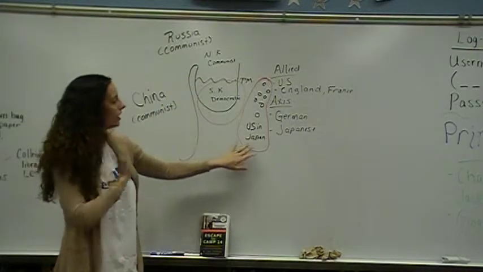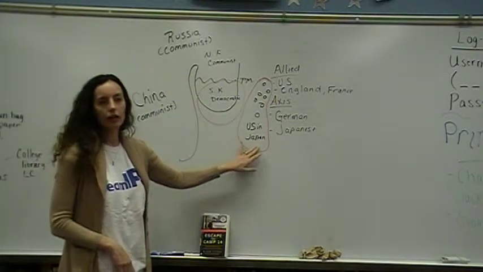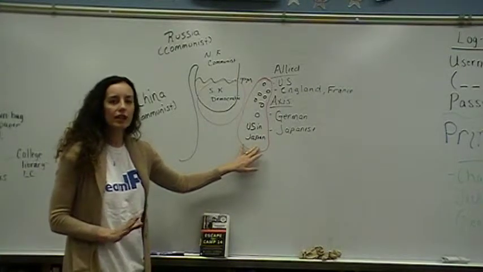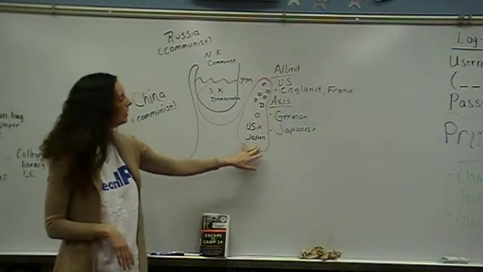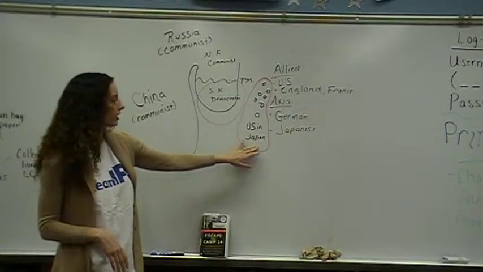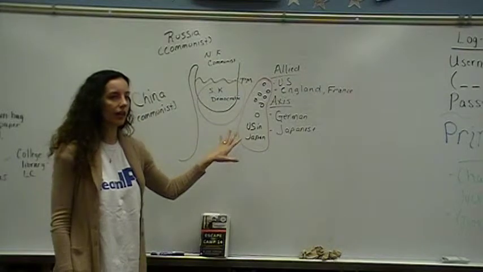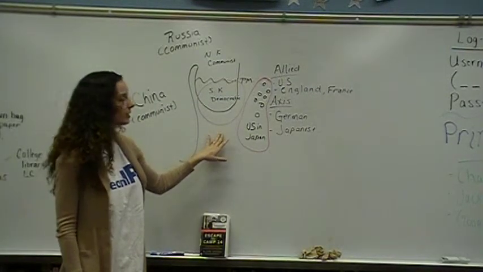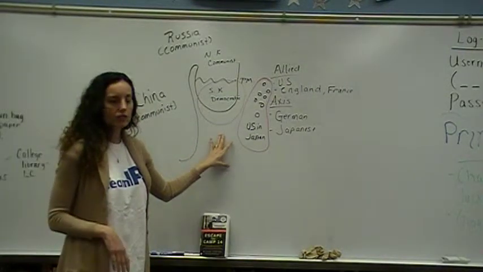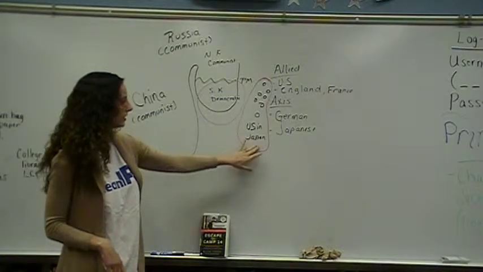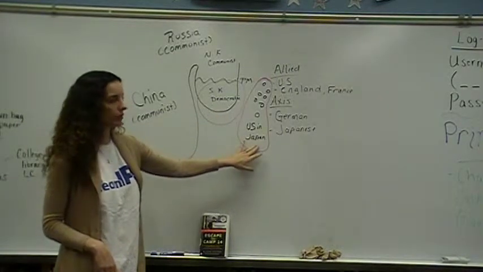There's also the U.S. and the Japanese in the area, and after World War II we were occupying Japan, so the only places in the big Pacific area that are democratic or friendly forces are the South Korean and the Japanese culture.